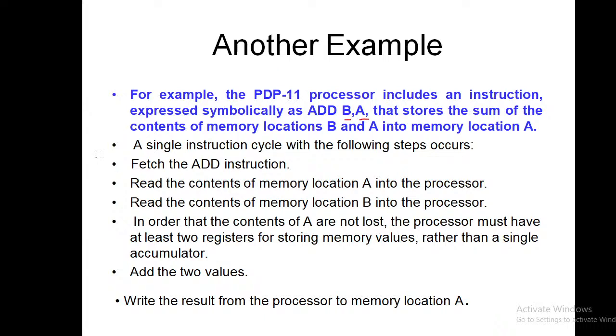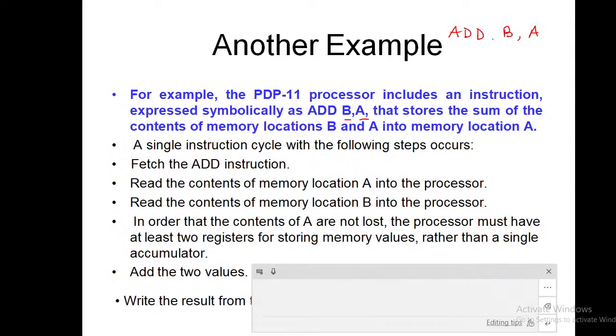So what is the process of handling this type of instruction cycle? You have to fetch the instruction. First, this is the instruction, add B, A. B and A are not registers, these are memory locations.